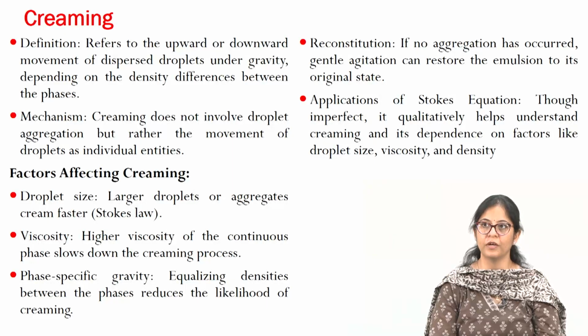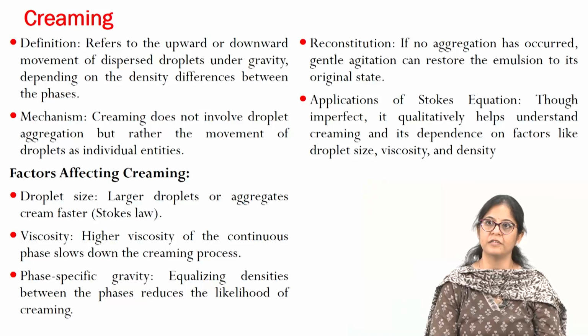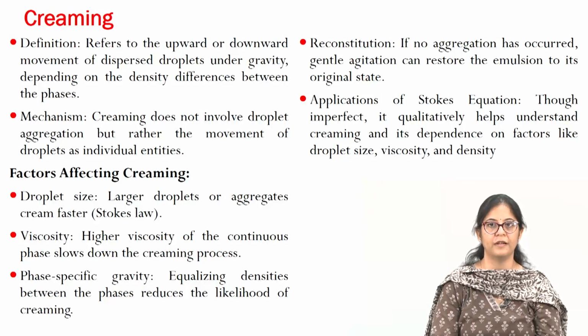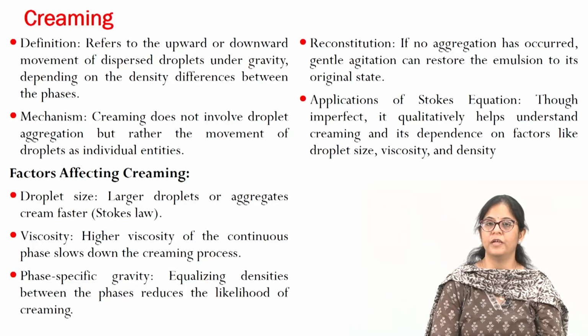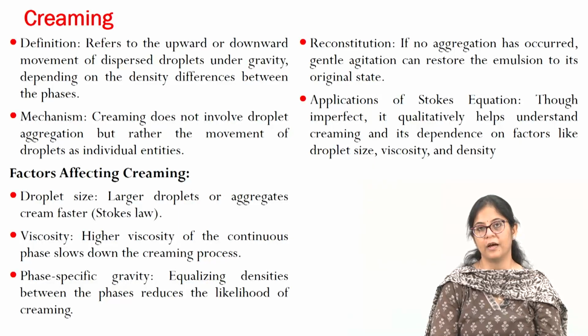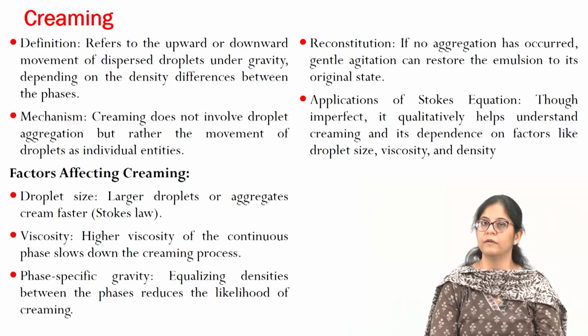Application of Stokes equation can be used to qualitatively understand creaming and its dependence on factors like droplet size, viscosity and density, and can help take care of the factors which are responsible for creaming. Like if viscosity is poor, enhancing the viscosity can lead to lower rates of settling, and that can be determined using the Stokes equation.